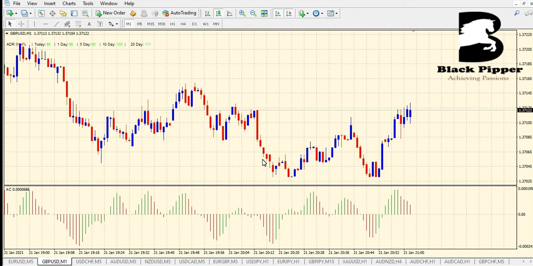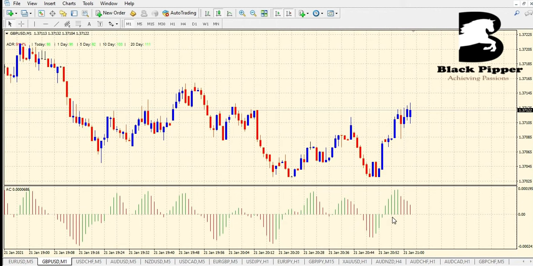So how do you find a buy entry on the chart using this indicator? The time frame is 1 minute, as you can see, and here is your indicator window. In this window we have a zero line.